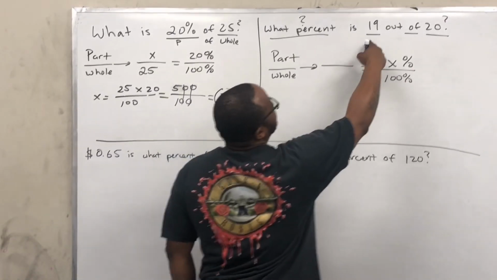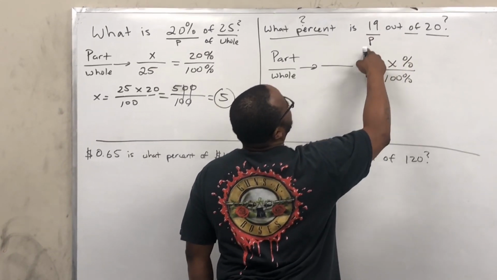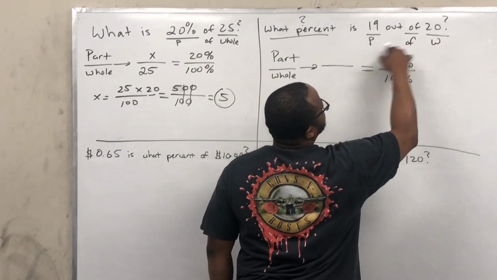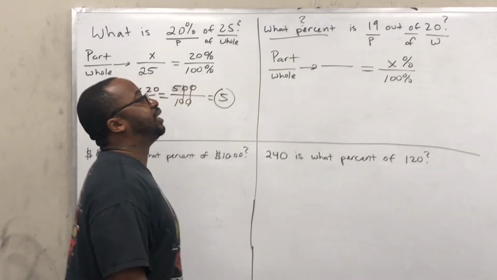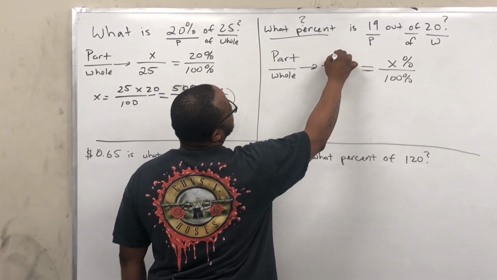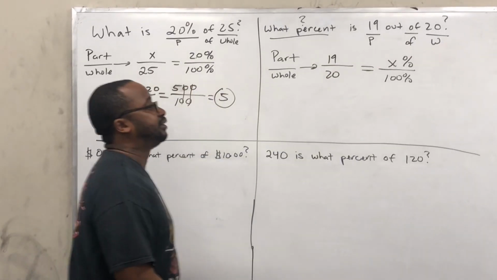Remember, 19 out of 20, so this is gonna be my part of my whole piece of pie, okay? Now, my part is 19, my whole is 20, okay?